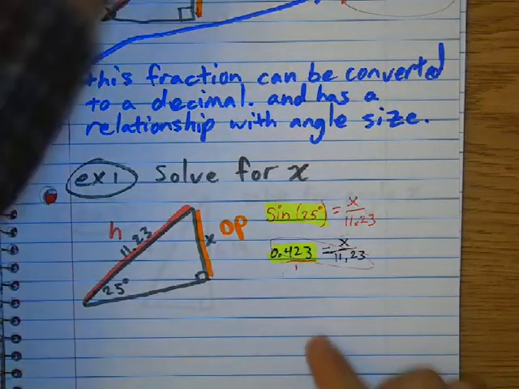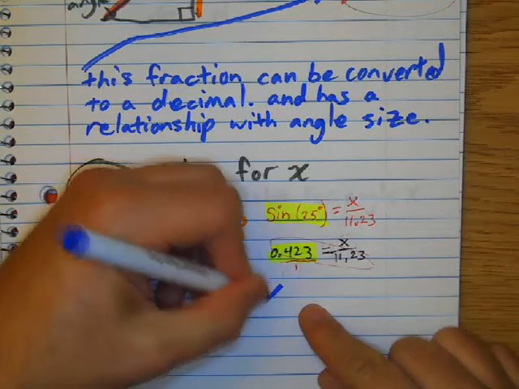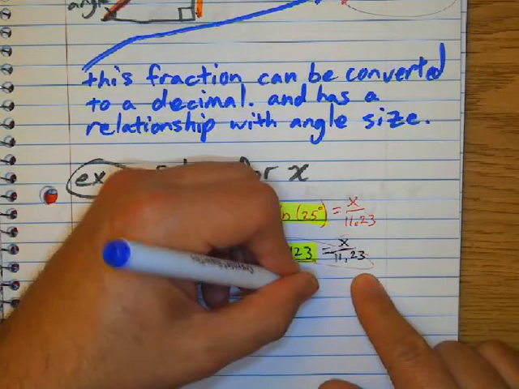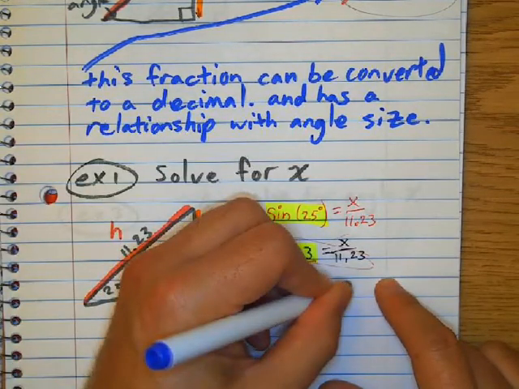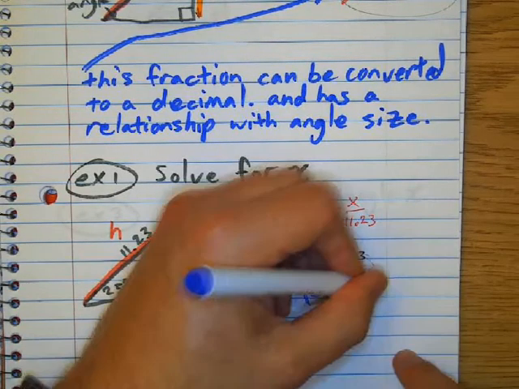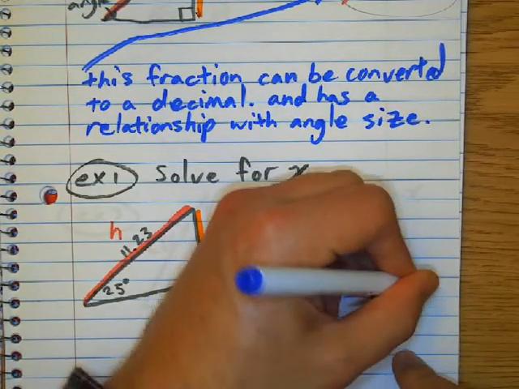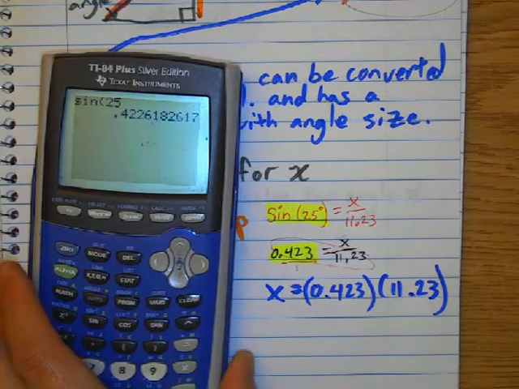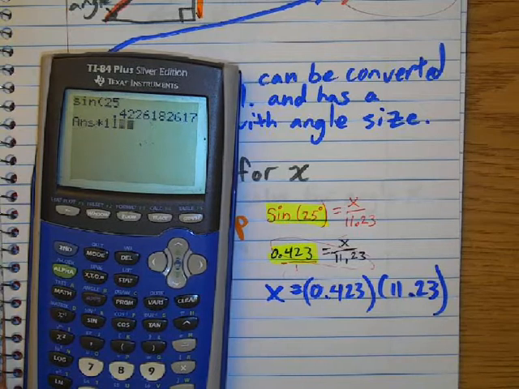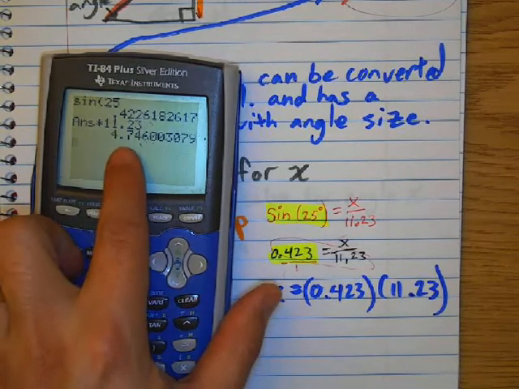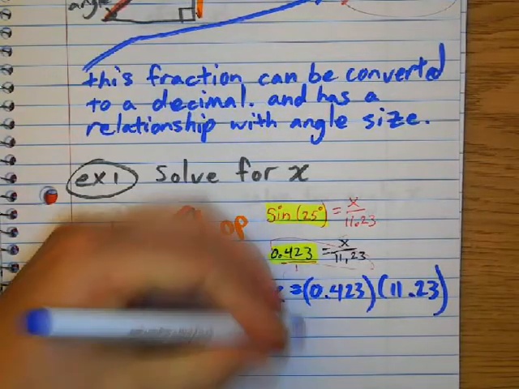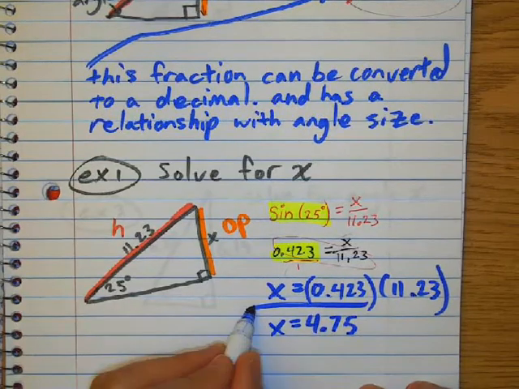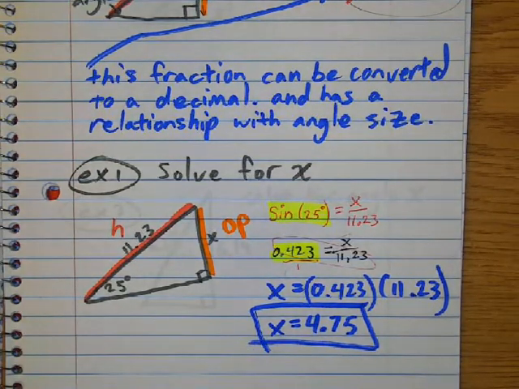So then I would get x times 1, I'm just going to write x, equals this decimal times 11.23. So 0.423 times 11.23. Okay, so let's do that, and I get 4.75. And that is the length of the opposite side, x.